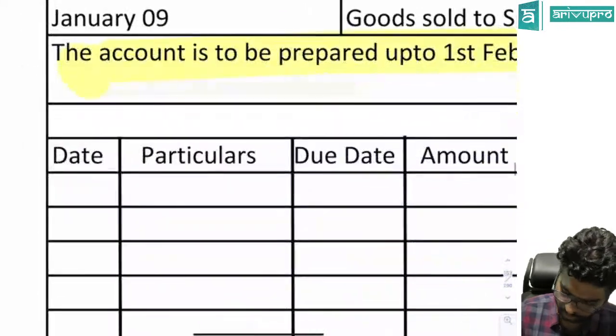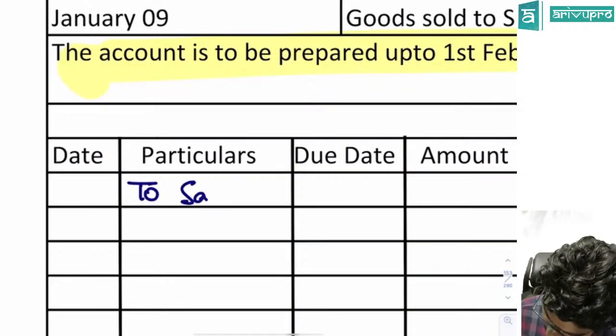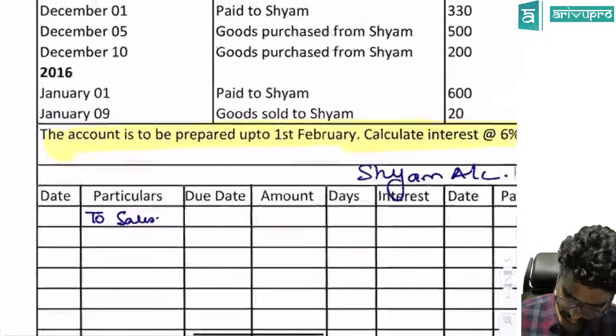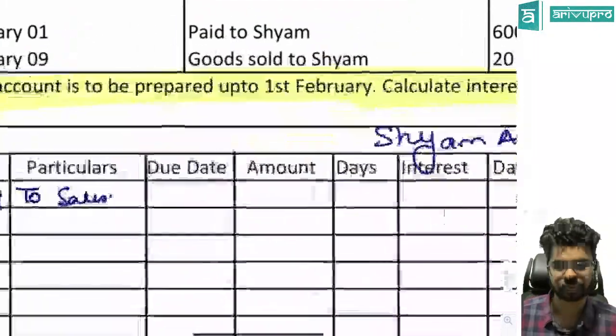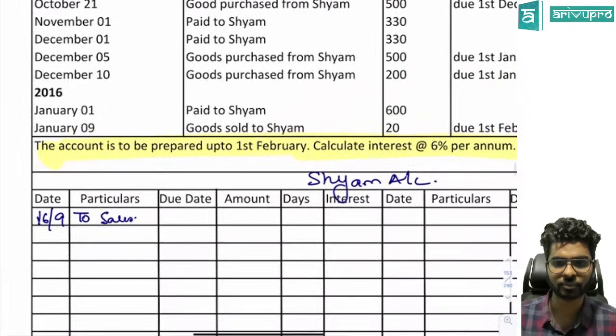Sham, what's the date of transaction? 16th September. Are you clear?